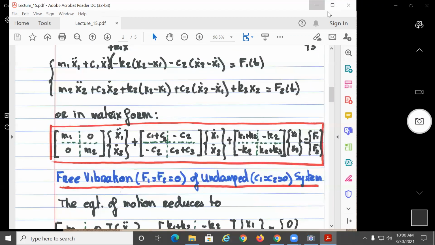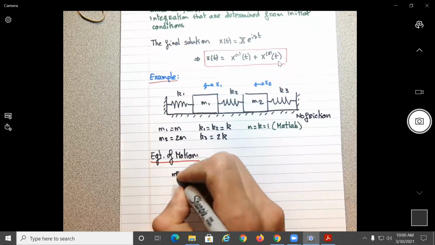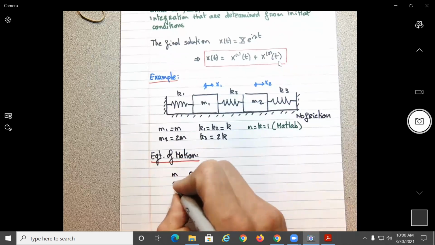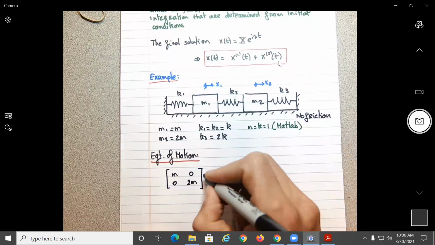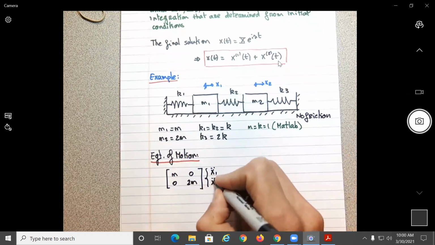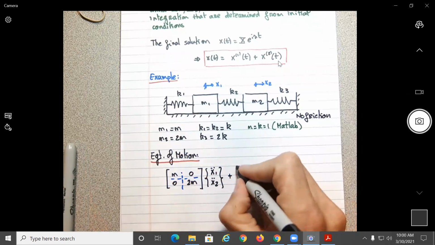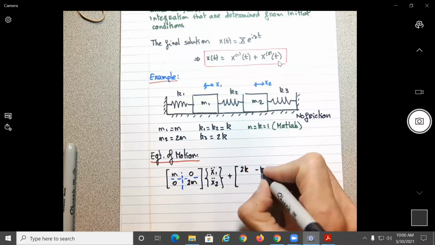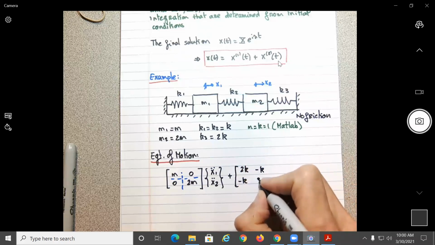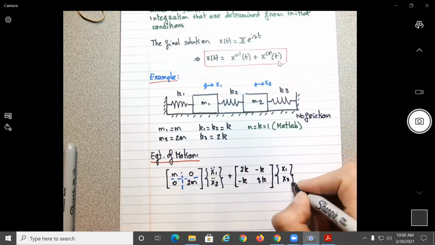Okay? So if we do that, the equation of motion will be equal to M, 0, 0, 2M, which will be M2, times x double dot 1, x double dot 2, plus now this matrix here is equal to 2K, minus K, minus K, 3K, times x1, x2.